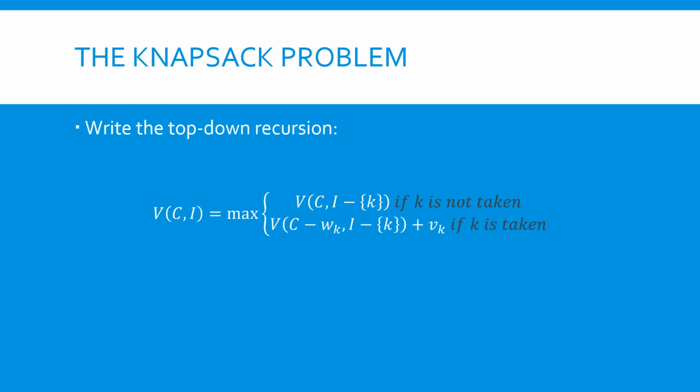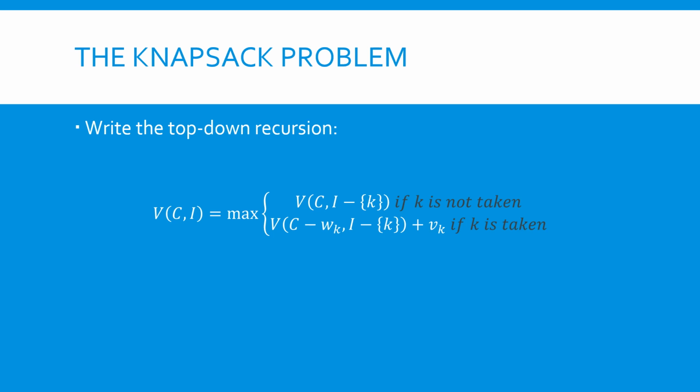Now, let's proceed to the second step and write the top-down recursion. As discussed before, we have two choices for item K, to select it or not. If it is not selected, the capacity and value remain unchanged. The only change is that item K should be removed from the candidate set, because it has now been considered.